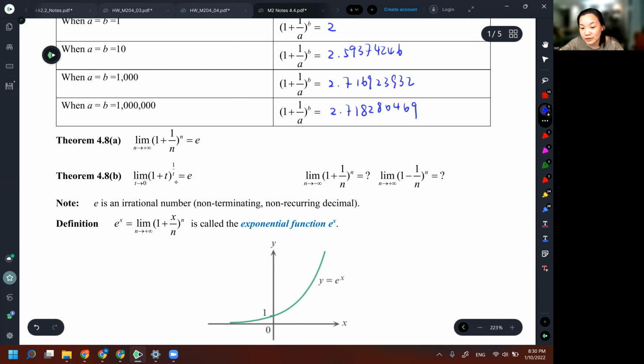That's also equal to E, but this time T tends to 0. The value is E. This one is when N tends to infinity. The value is E. Is that okay?